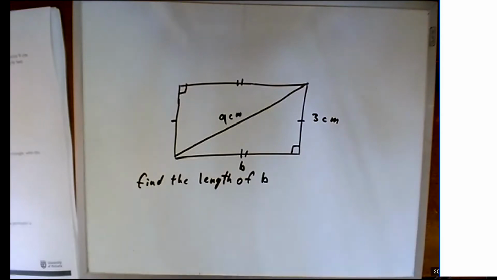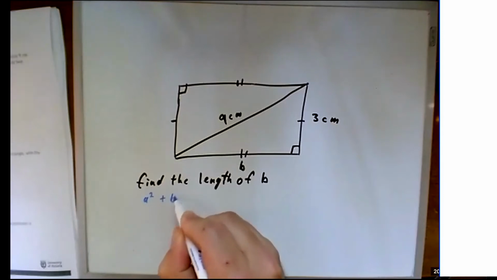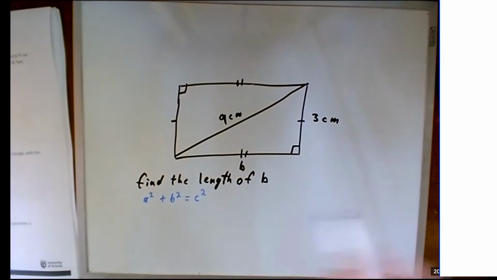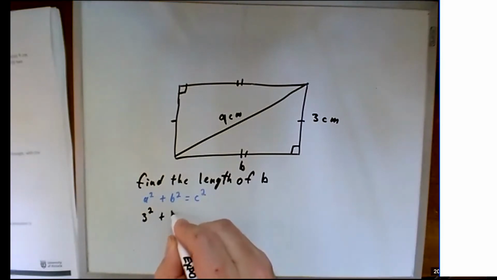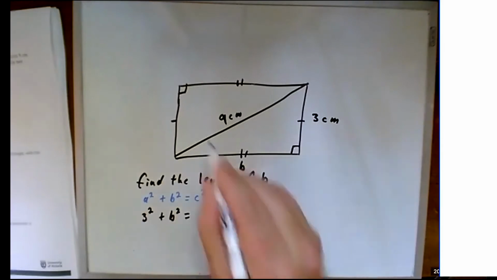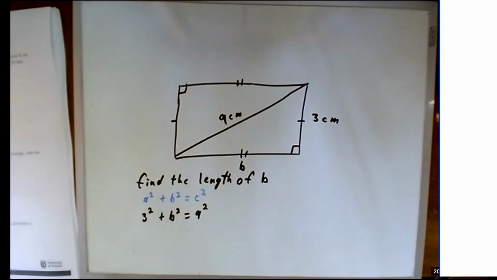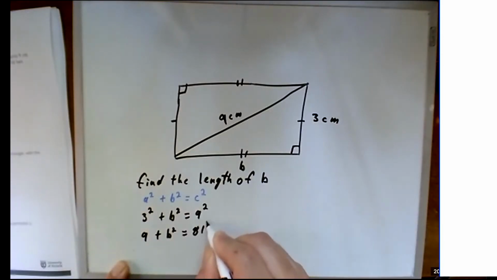So, a reminder that our Pythagorean theorem is simply a squared plus b squared equals c squared. In this case, 3 represents my a, so I'm going to get 3 squared plus b squared, and 9 represents my c, so I'm going to have 9 squared there. Doing that actual squaring out, I'm going to get 9 plus b squared equals 81.